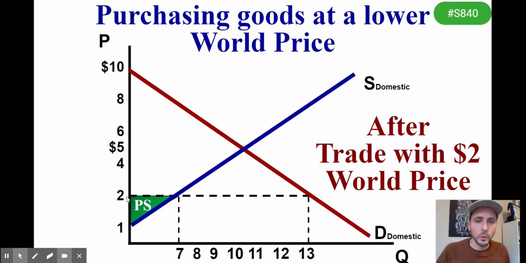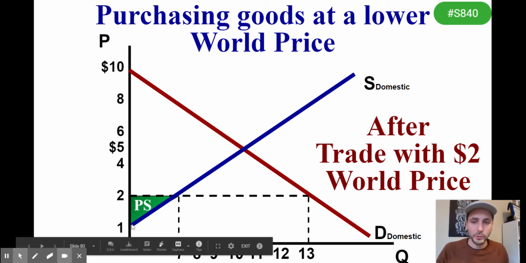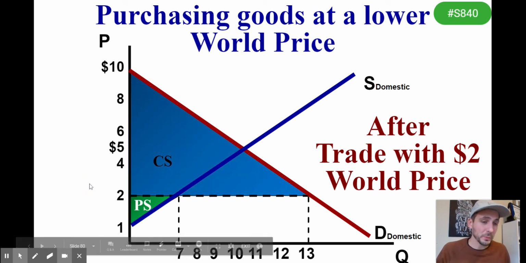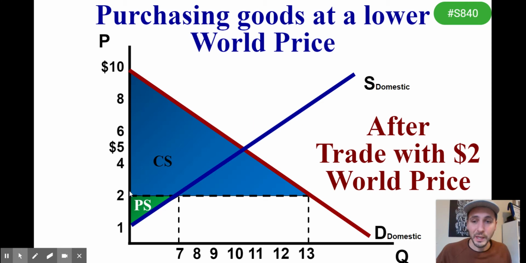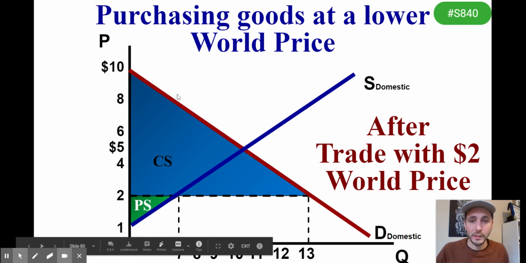Well, now we have a new world price way down here at $2, below our equilibrium price of $5. As a result, my producer surplus is going to be tiny, above supply, below price. And my consumer surplus is going to be enormous, above price, below demand, this giant consumer surplus. Remember, I don't have to cut it off at this quantity because my shortage is not permanent.